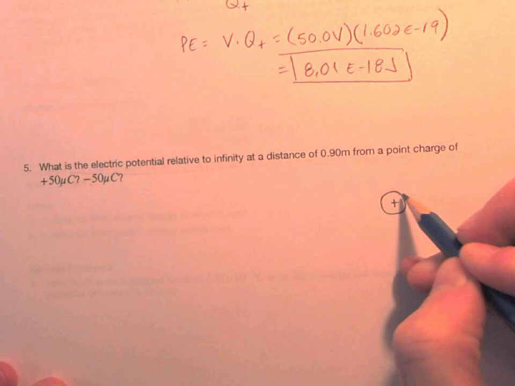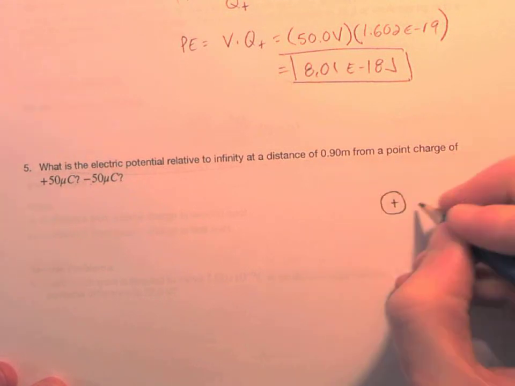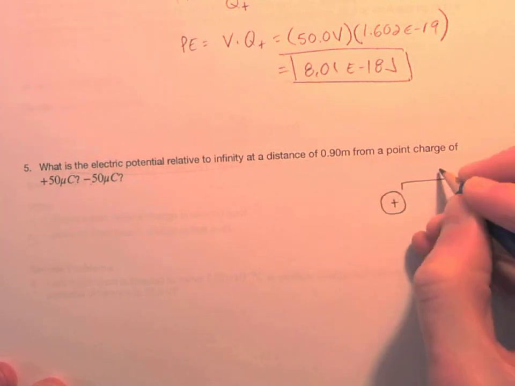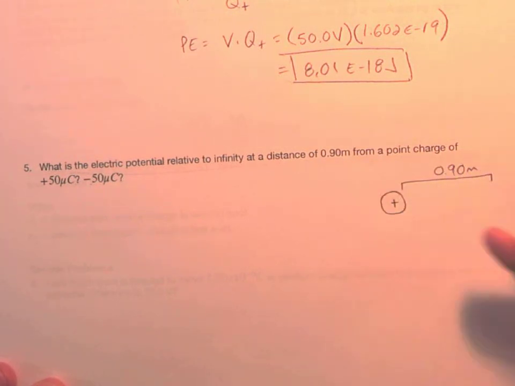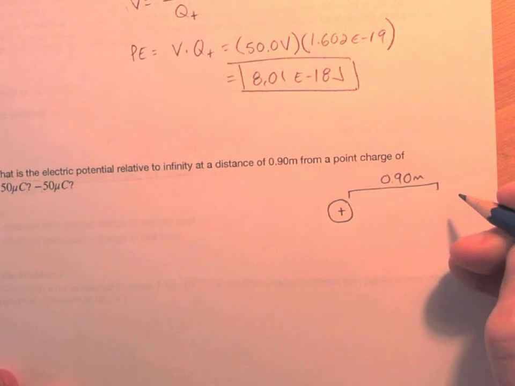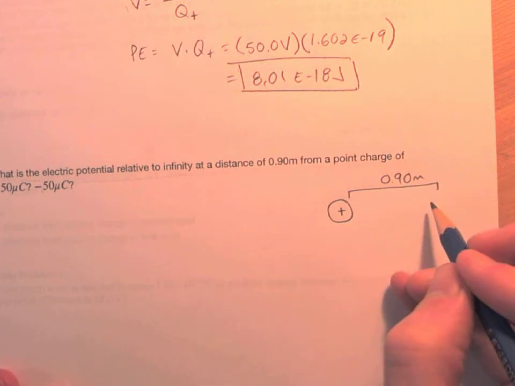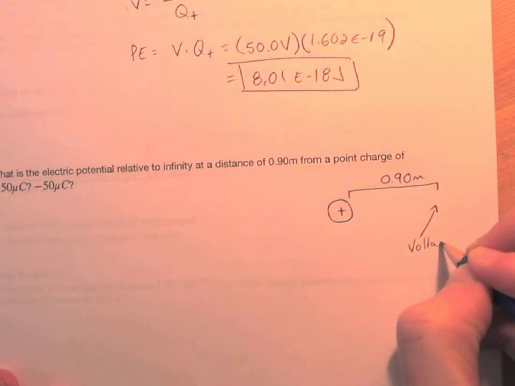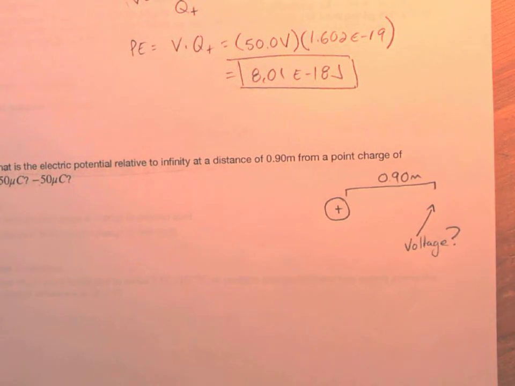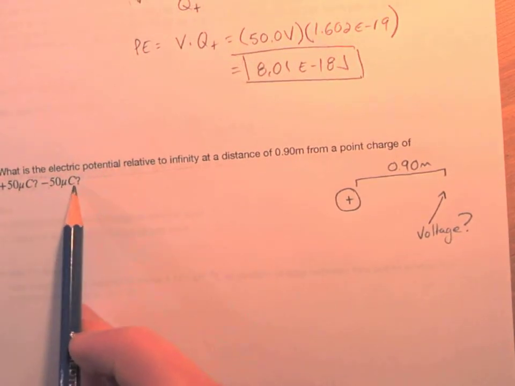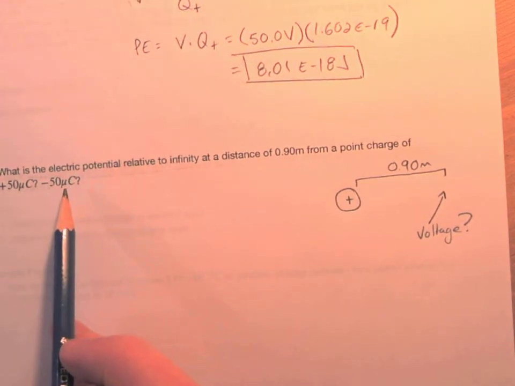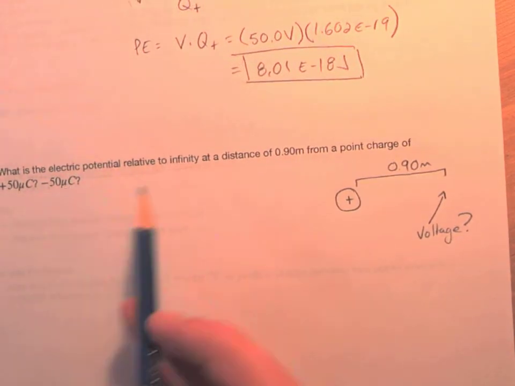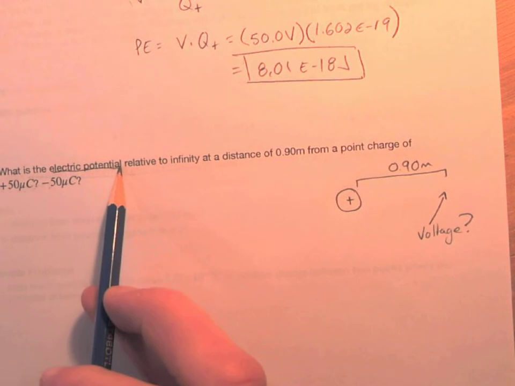A test charge is generally positive. 0.9 meters from this. It's saying what is the voltage here, right there. That's what the question's asking. Because voltage, remember, is electric potential.